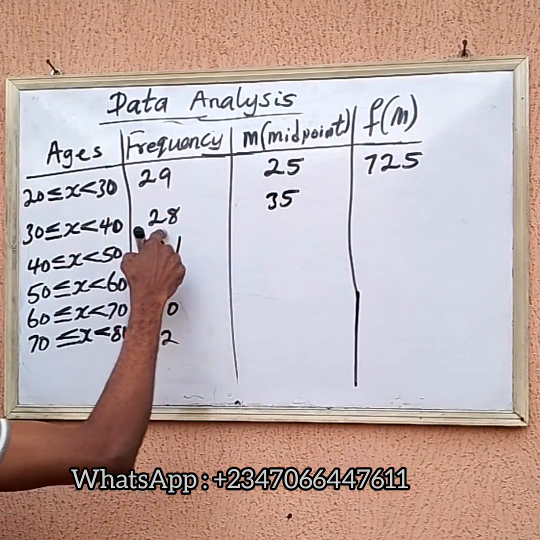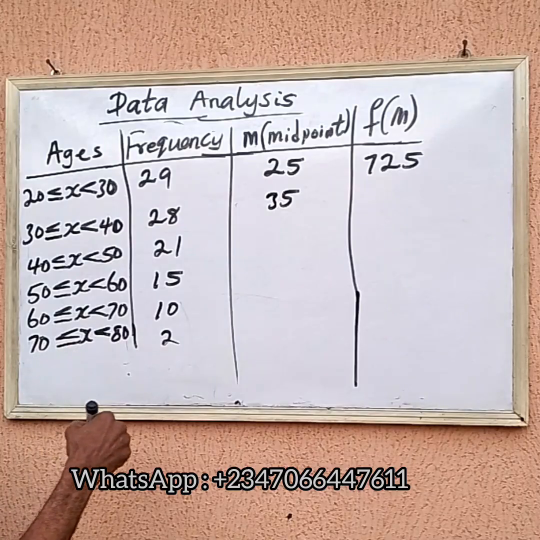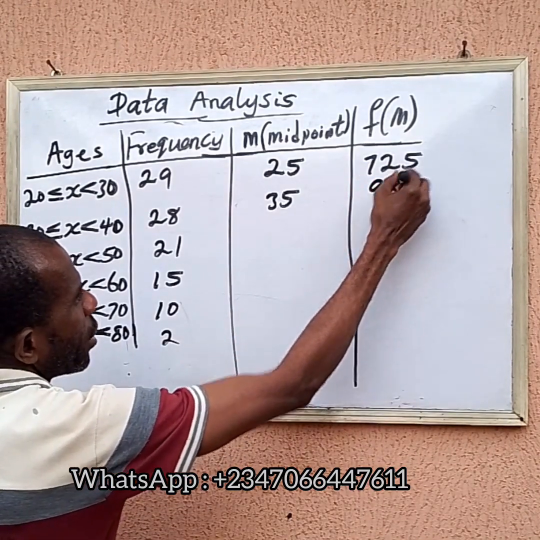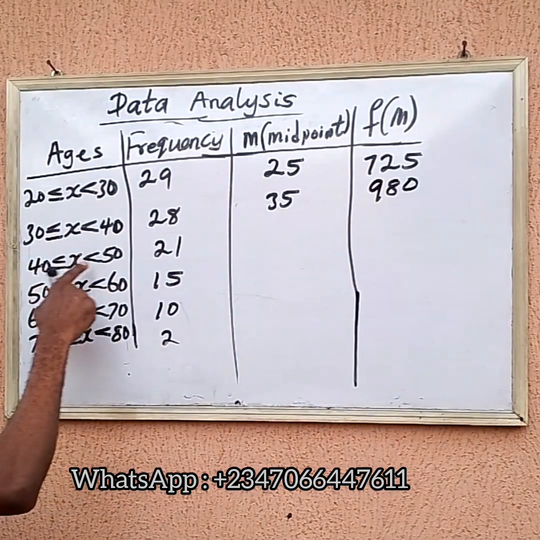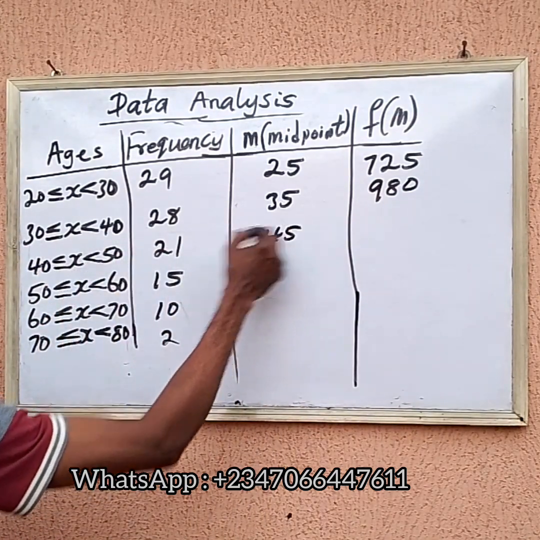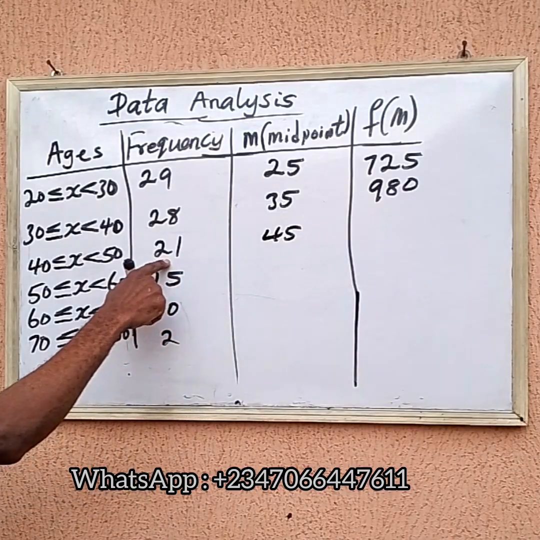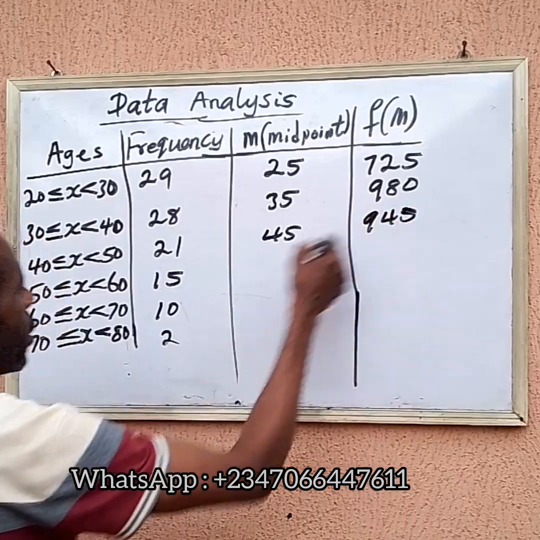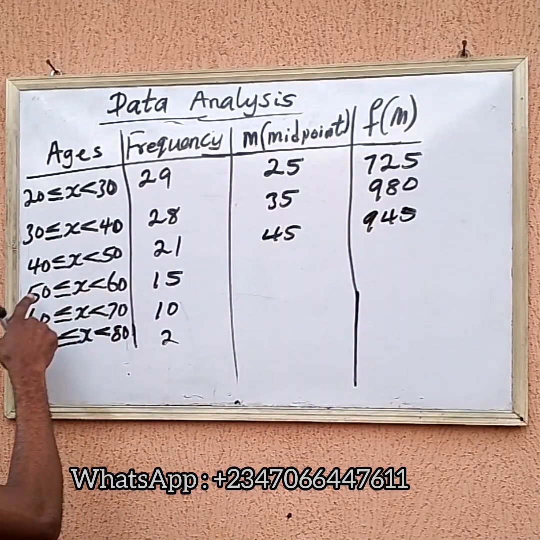The second class: 30 plus 40 divided by 2 gives 35, multiplied by the frequency 28 gives 980. Do the same for the third class, multiplied by the frequency 21, to give us 945.